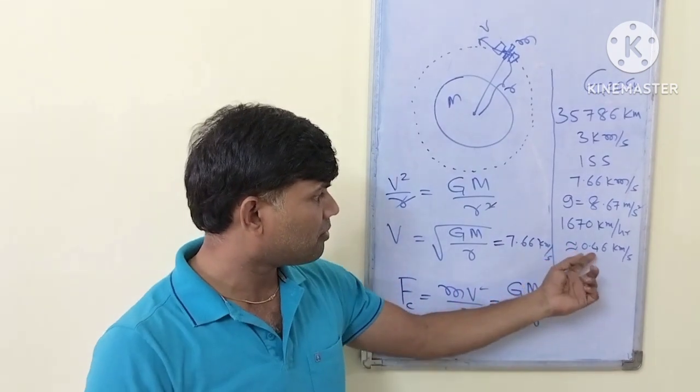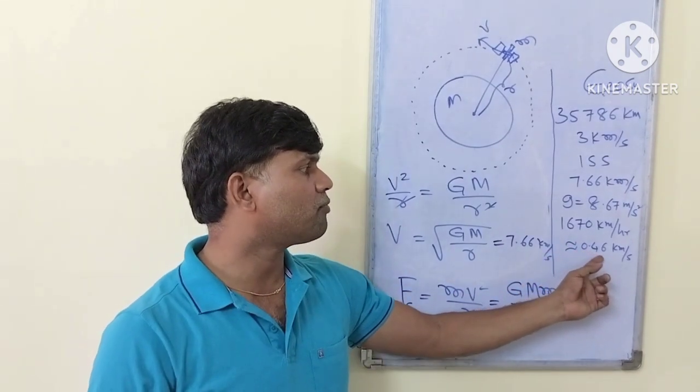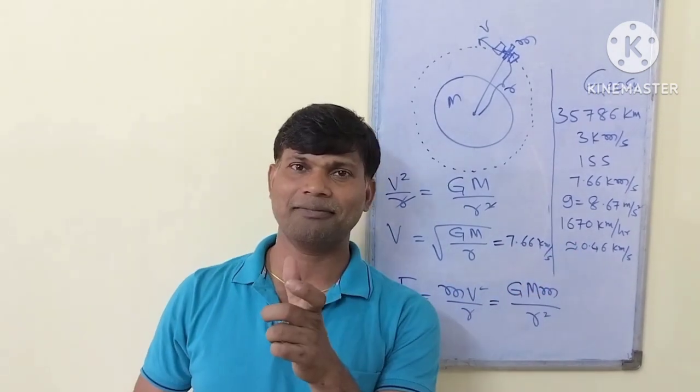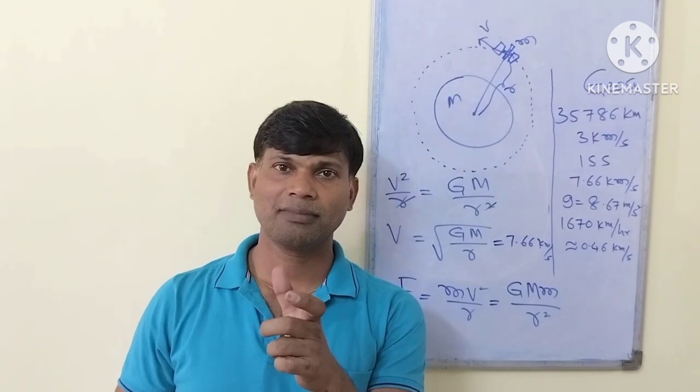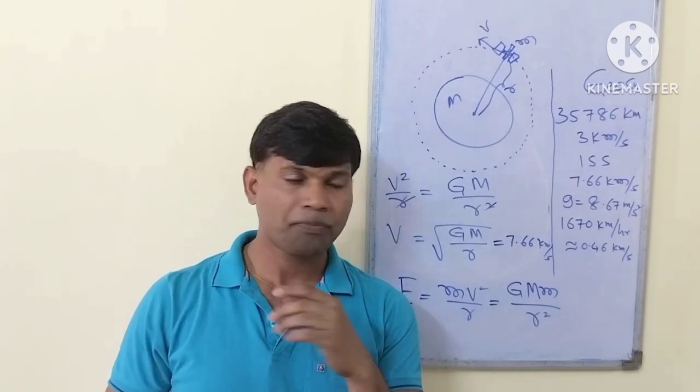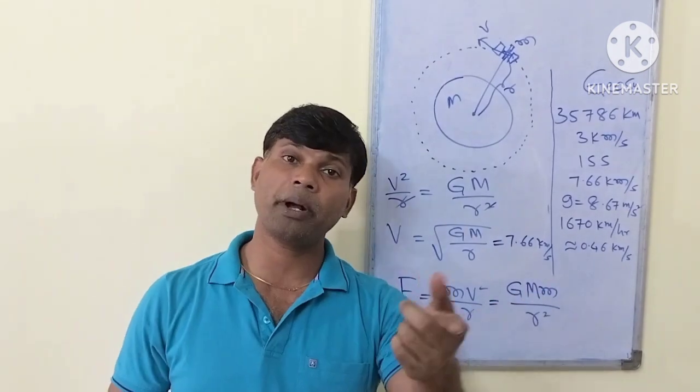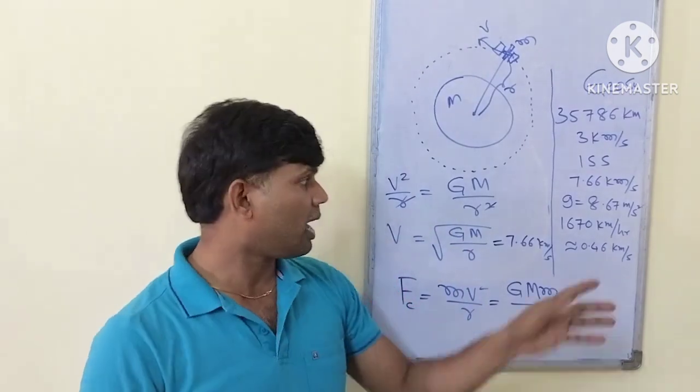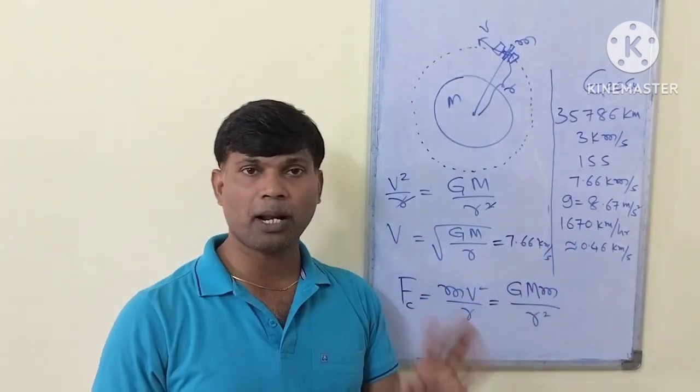So in terms of kilometer, 0.46 km per second. My speed is 0.46 km in 1 second or 1670 km per hour.